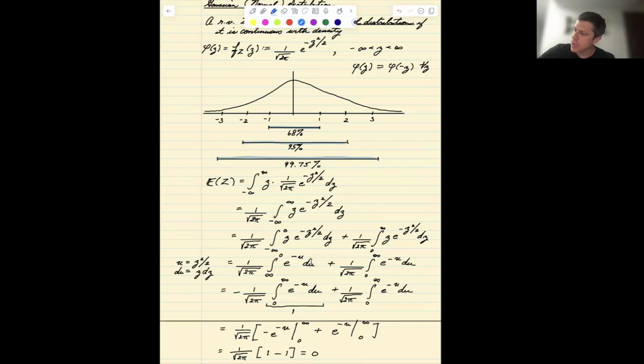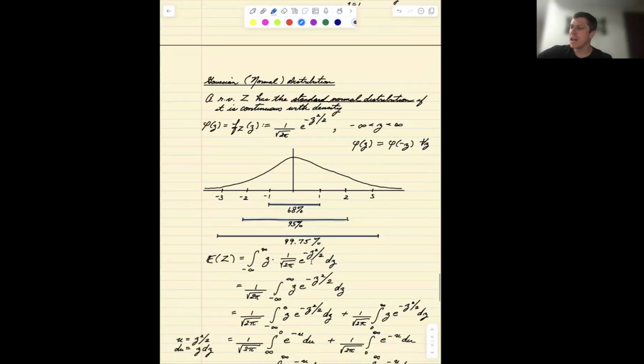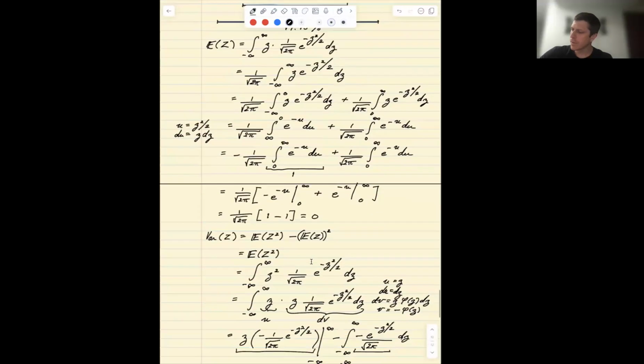The random variable is within 3 standard deviations of the mean with very high probability, almost every single time. What makes this a standard normal is that it has mean 0, standard deviation 1. So we talk about it in standard units, a standard unit being 1 standard deviation.